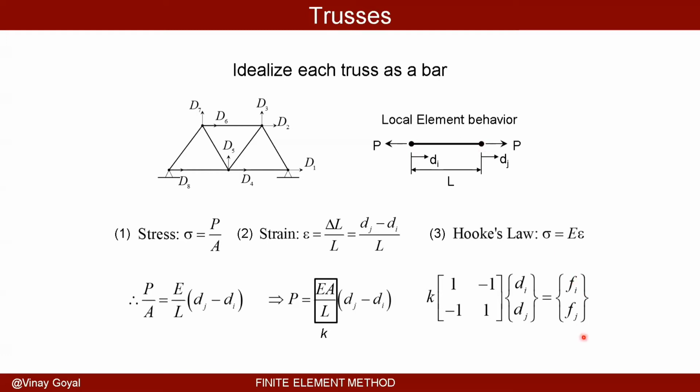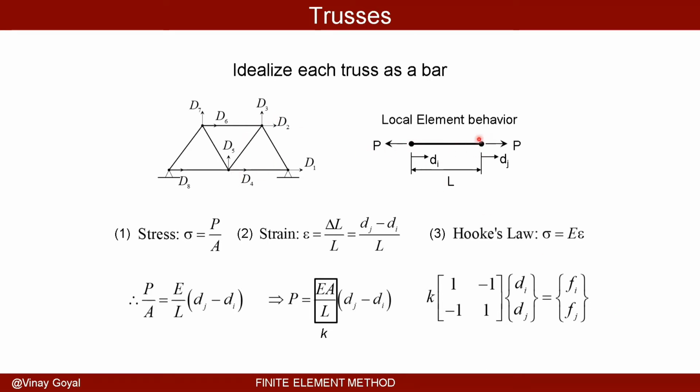In terms of Fi and Fj, for the first equation I get K times di minus 1 times K dj, and that equals Fi. That's exactly my first equation here. The second equation can be shown the same way. And that is the element behavior for a bar that's straight.